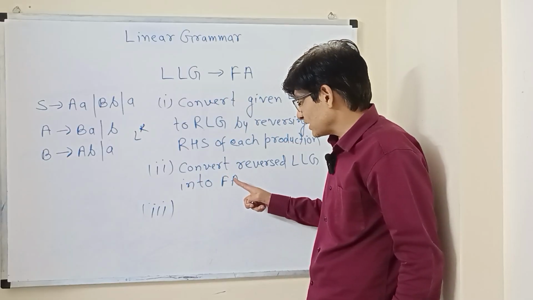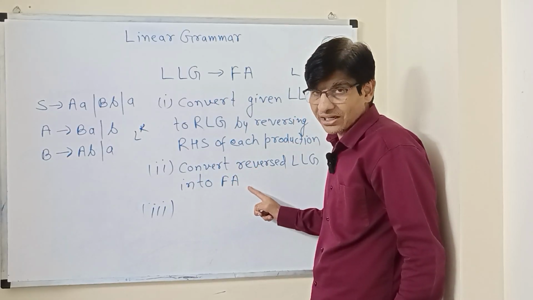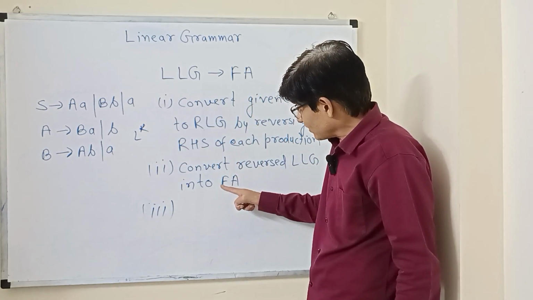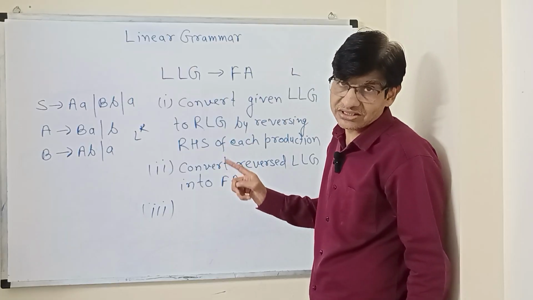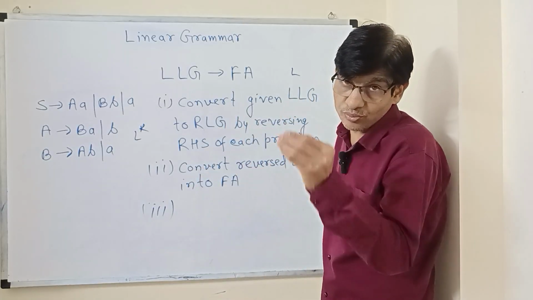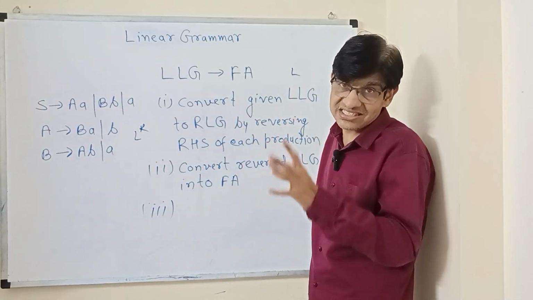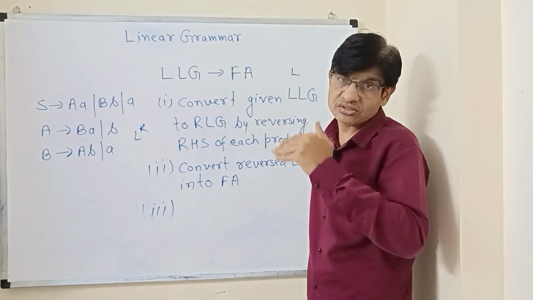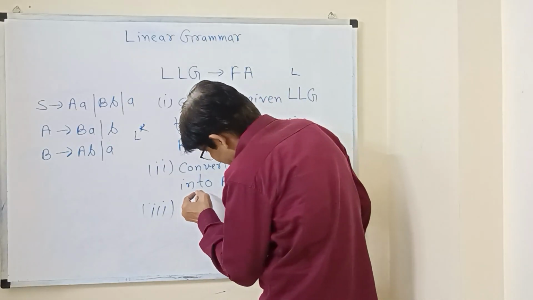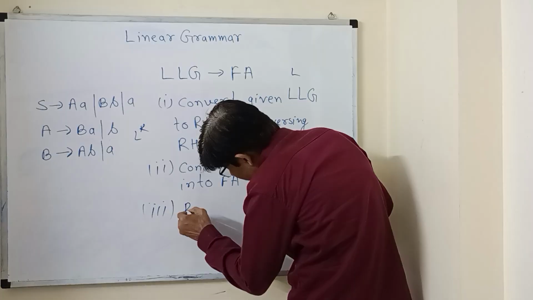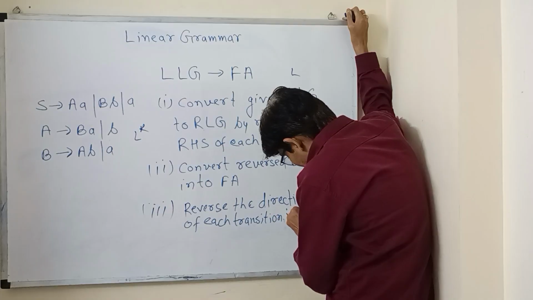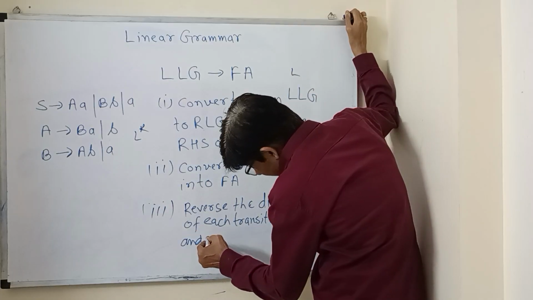If a language is regular, then its reversal is also regular, and you can create the finite automata for the reversal by converting the initial state into the final state, the final state into the initial state, and reversing all the directions of transitions. So we can write the third step as: reverse the direction of each transition in the finite automata and interchange the initial and final states.